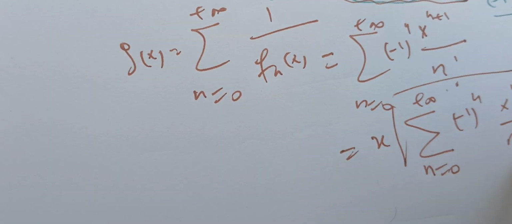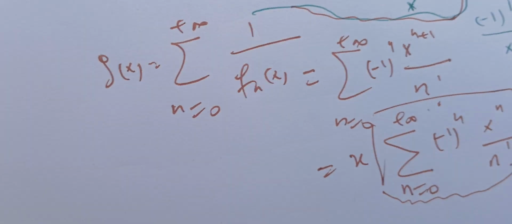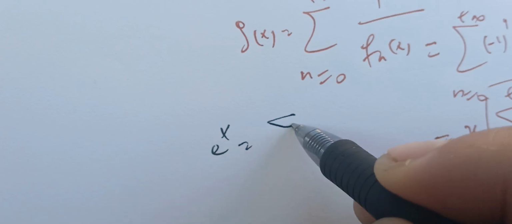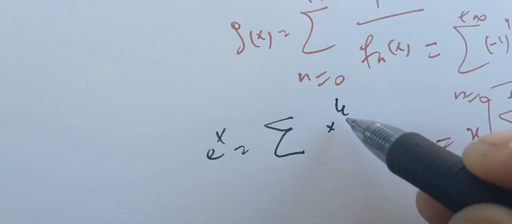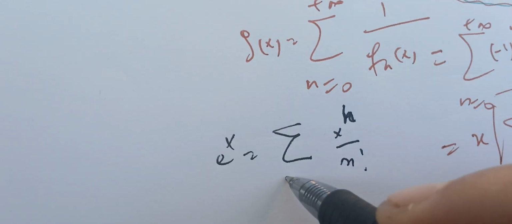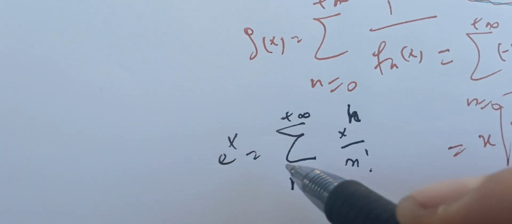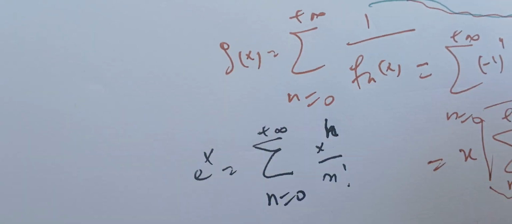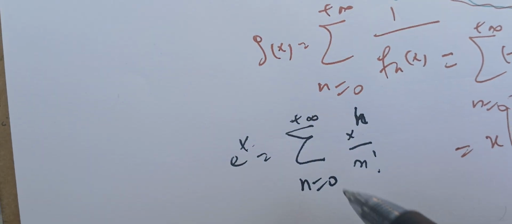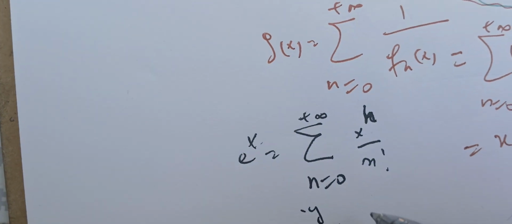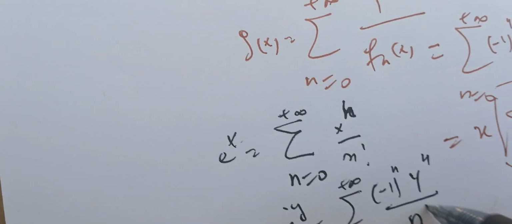And I think I know this one from series. Okay, so I know that e to the power x can be expressed as the sum of x to the power n over n factorial, going from 0 to infinity. Okay, the only thing that I don't have here is that if I switch x to some minus y, I will have e to the power minus y is the sum n going from 0 to infinity of minus 1 to the power n y to the power n over n factorial.